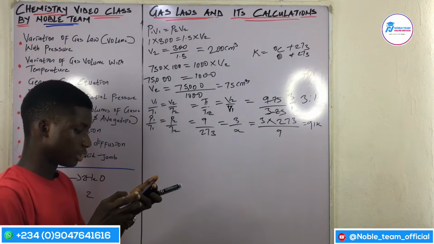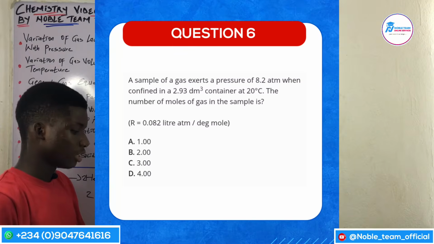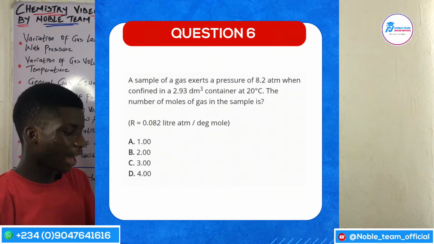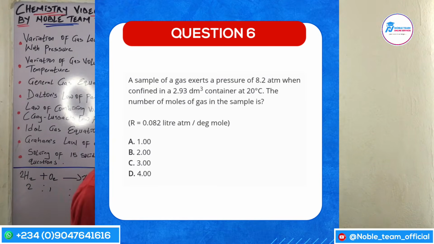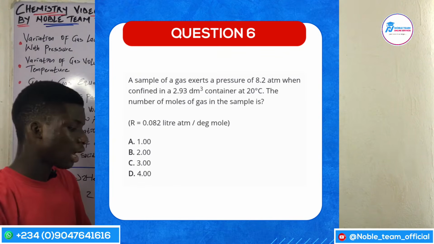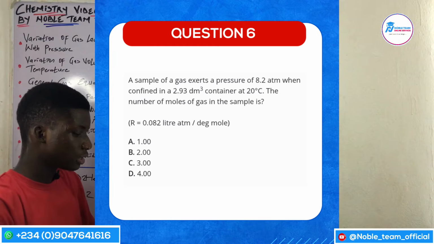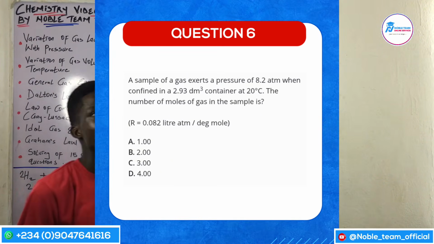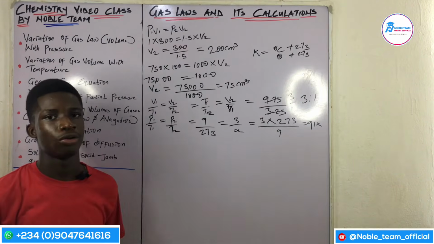So question 6. A sample of a gas exerts a pressure of 8.2 atm when confined in a 2.93 dm³ container at 20 degrees Celsius. The number of moles of gas in the sample is what? So this question is referring to the ideal gas law.